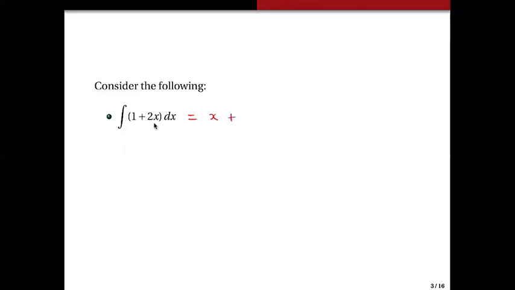And for this guy here, it's 2x raised to 1 plus 1 divided by 1 plus 1, plus the arbitrary constant. This is now x plus x squared plus the arbitrary constant. So this is the integral of 1 plus 2x. Easy peasy. This is our usual way.